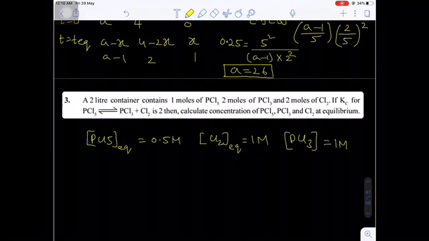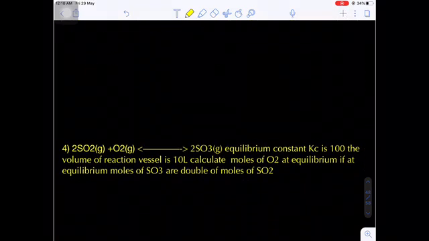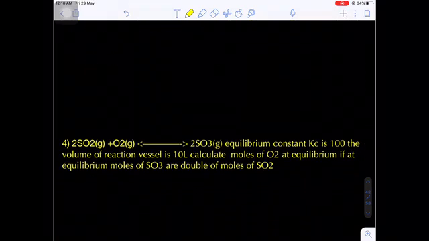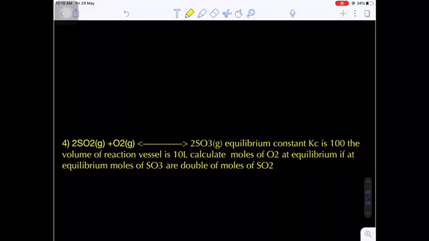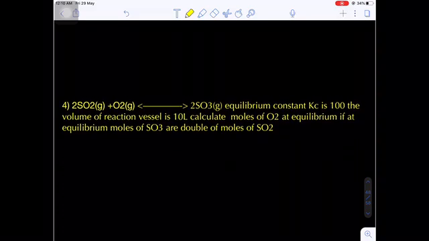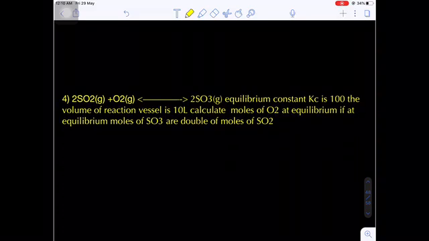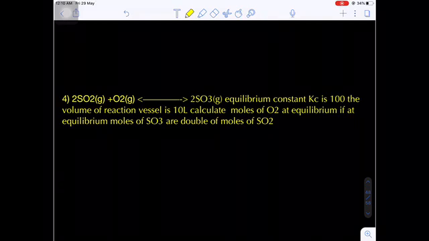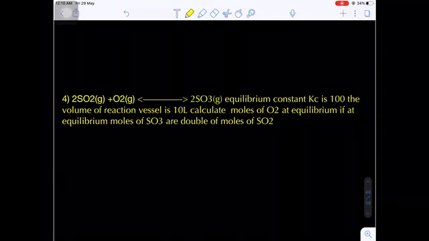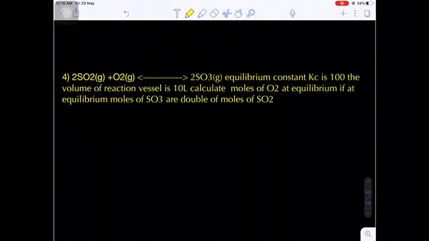Okay, now next one, 2SO2 plus O2 gives 2SO3 at equilibrium. The Kc value 100. The volume of the reaction vessel is 10 liters. Calculate the moles of O2 at equilibrium. Here the condition at equilibrium, number of moles of SO3 are double the number of moles of SO2.